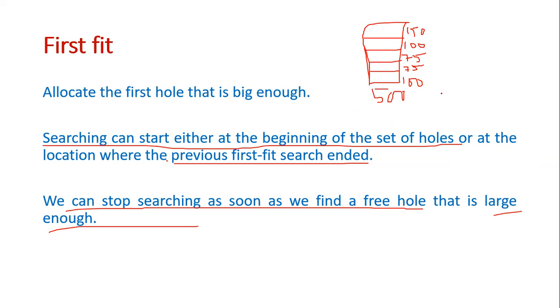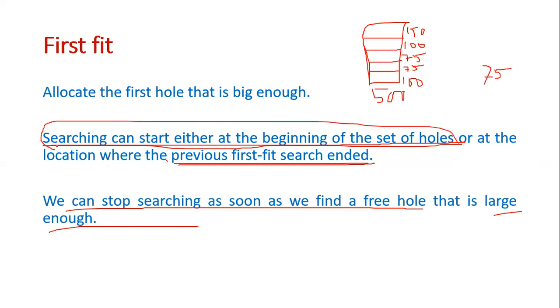Initially, in this small example, I want to allocate 75 KB now. You just see the point here. The searching can start either at the beginning of the set of holes or at the location where the previous fit search ended. I'm taking the first one, so it always searches from the beginning.